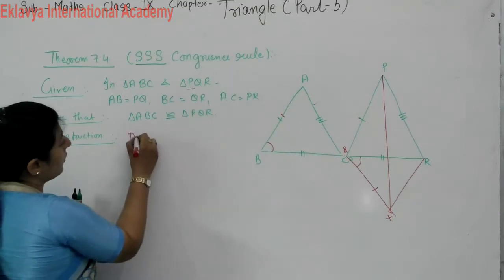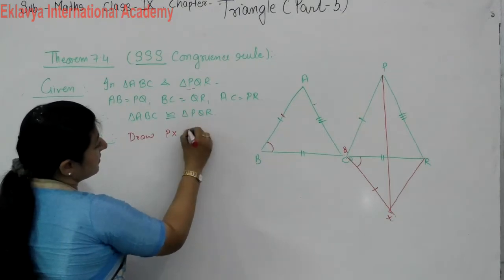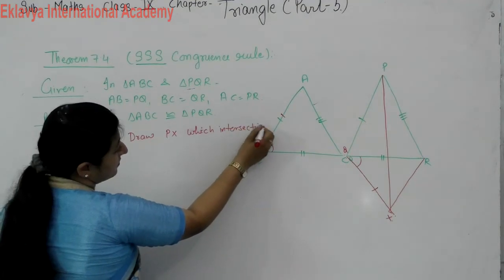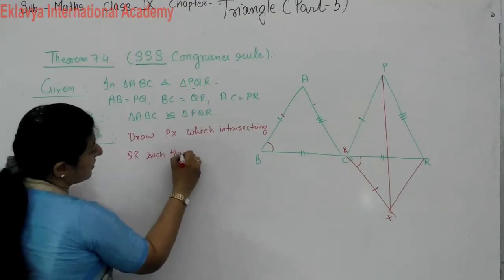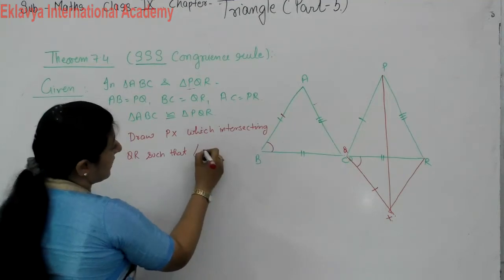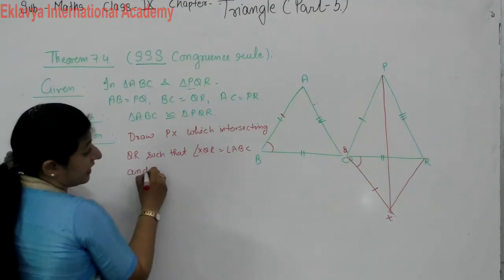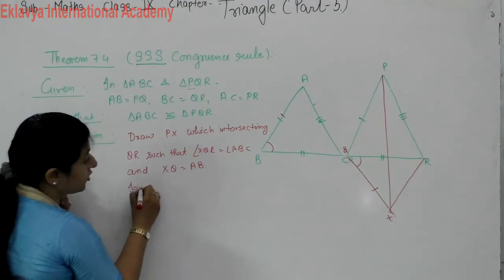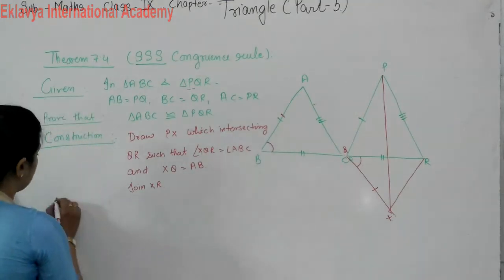Draw PX which intersects QR such that angle ABC, or we can say angle XQR, is equal to angle ABC and XQ is equal to AB. Join XR. Now start our proof.